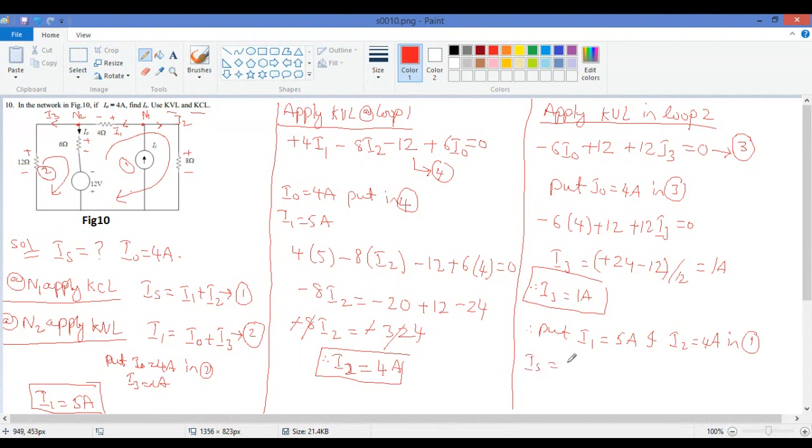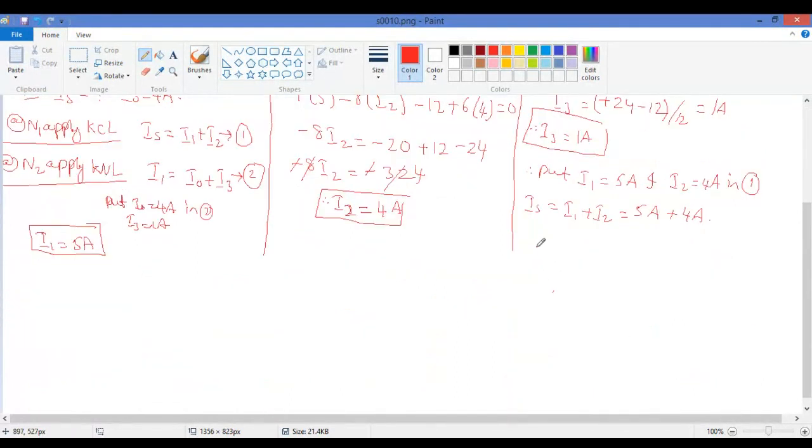IS is equal to I1 plus I2. I1 is 5 ampere and I2 is 4 ampere. Therefore IS is equal to 9 ampere. So we found the value of IS to be 9 ampere.